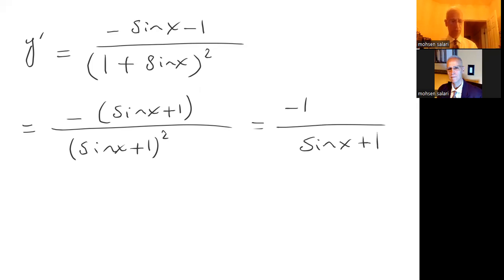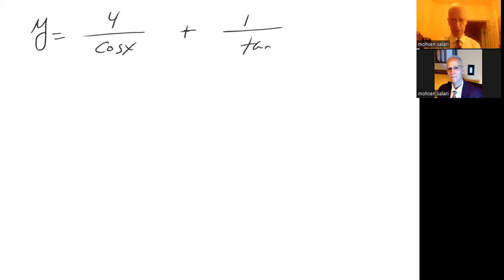Okay, let's do one more. How about something like y equals 4 over cosine of x plus 1 over tangent of x. Okay, I kind of recognize this one.